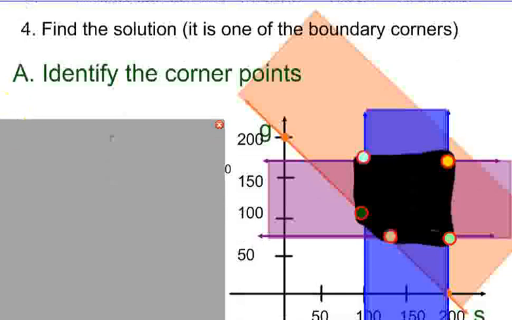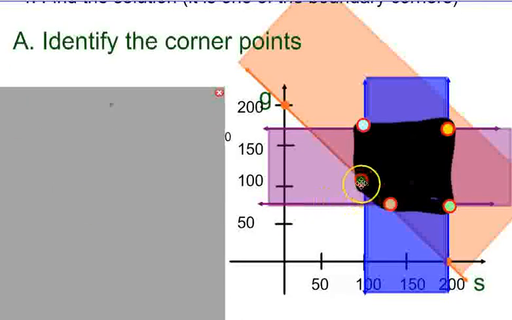The first step for identifying the corner points is seeing where on the boundary are the points that intersect two lines of our system. So this point right here intersects the orange line and the blue line. This point intersects the purple line and the blue line. This intersects the purple and the blue. This intersects the blue and the purple.